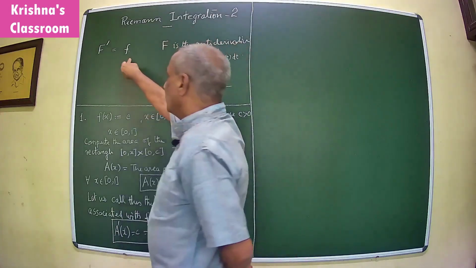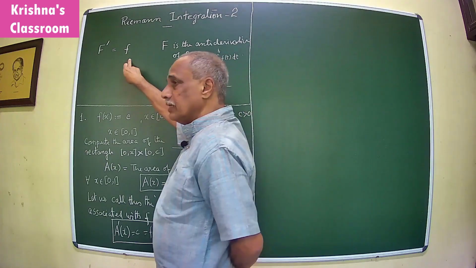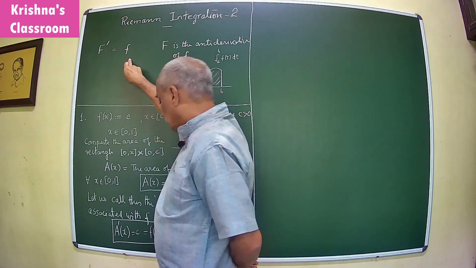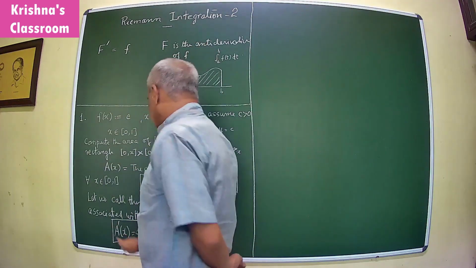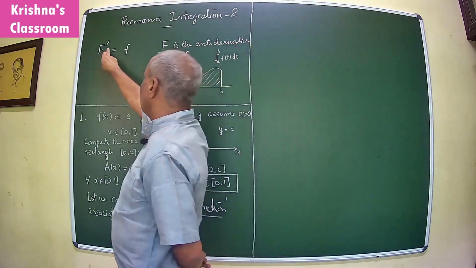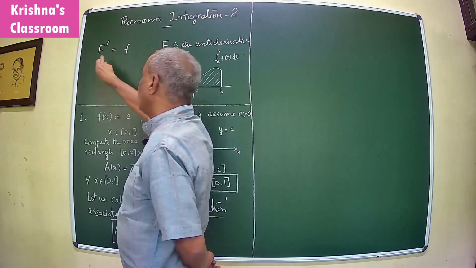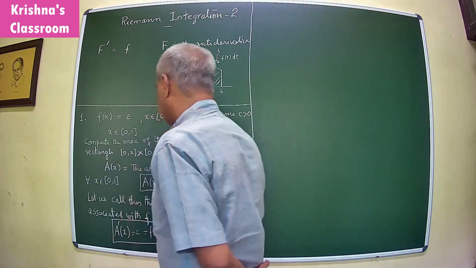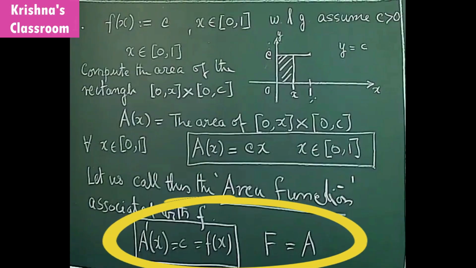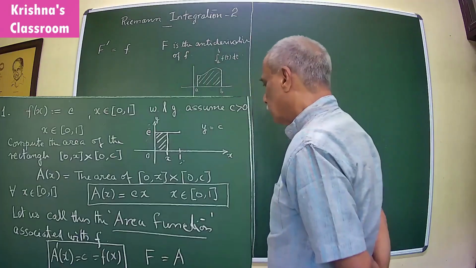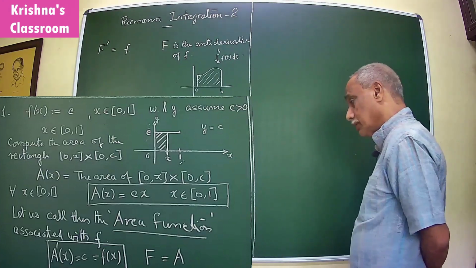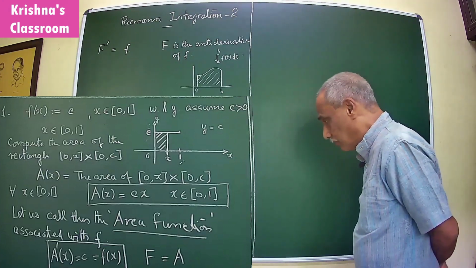Therefore, if you look at the equation F derivative equal to f, that is the inverse problem associated with f for finding the antiderivative, then you see that A(x) is a solution of the equation F' equal to f, or capital F is given by A(x). So in this case, capital F is equal to A. Okay, so the area function essentially gives you the antiderivative of f.